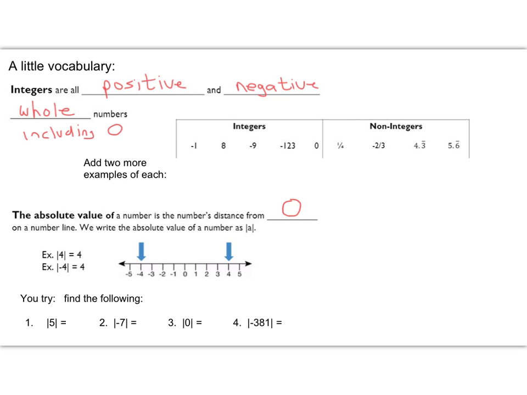I'd like you to write this down: absolute value is always positive. All right, so go ahead and do the next 4 problems. Pause the video. It should just take a couple seconds, and then come back and check your answers.